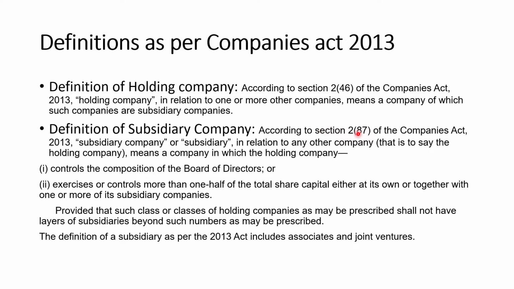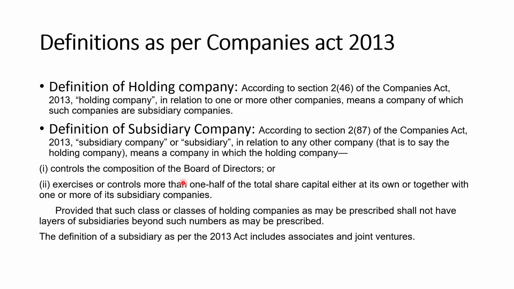According to section 2 subsection 86 of the Companies Act 2013, subsidiary company or subsidiary in relation to any other company, that is to say the holding company, means a company in which the holding company controls the composition of the board of directors or exercises or controls more than one half of the total share capital, either at its own or together with one or more of its subsidiary companies.